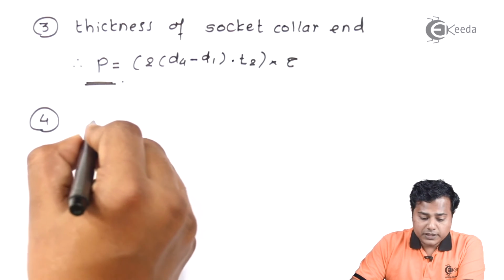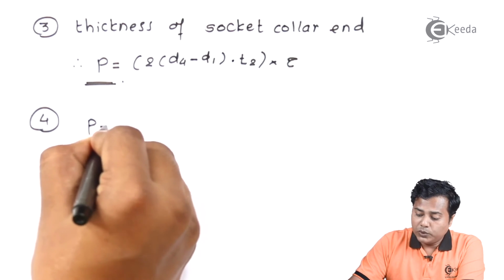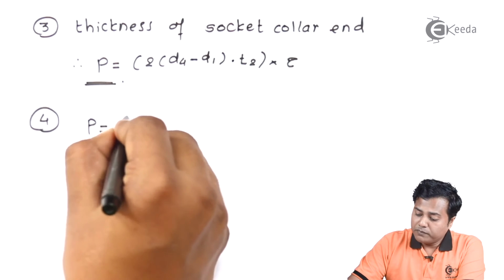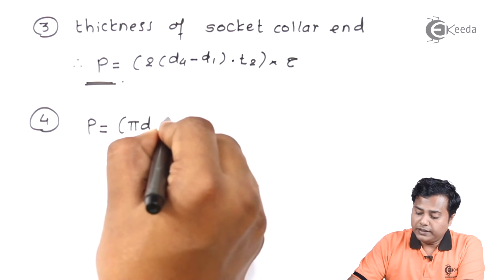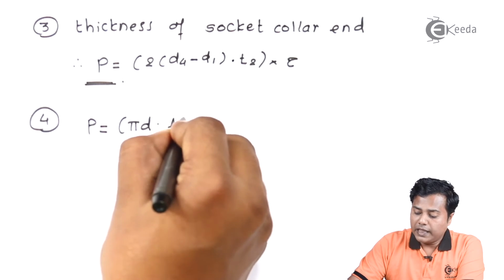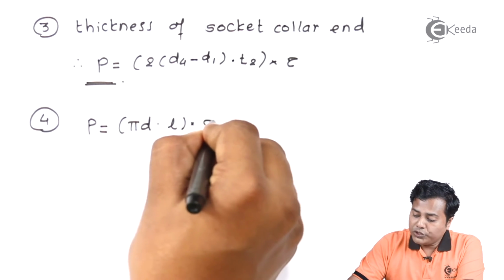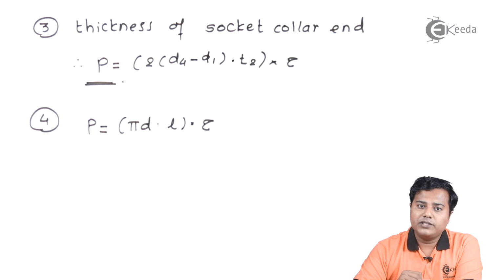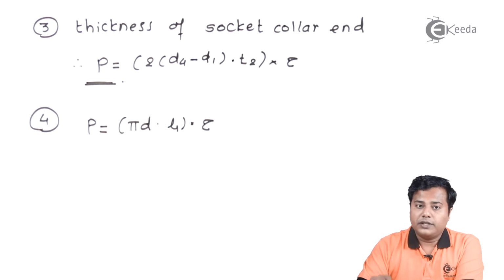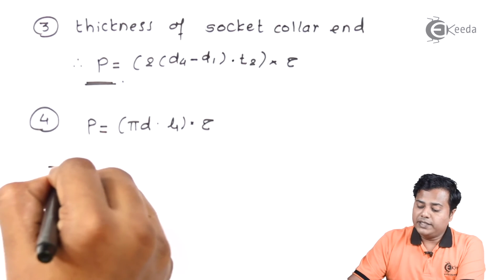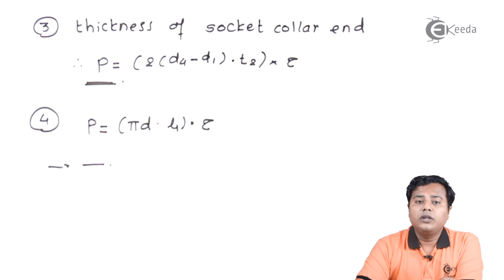So the formula is given by, your axial load is equal to pi times the diameter into its length into shear stress, which is generated inside it, and the length is going to be the first length. So that is the end of the formula list for socket end.